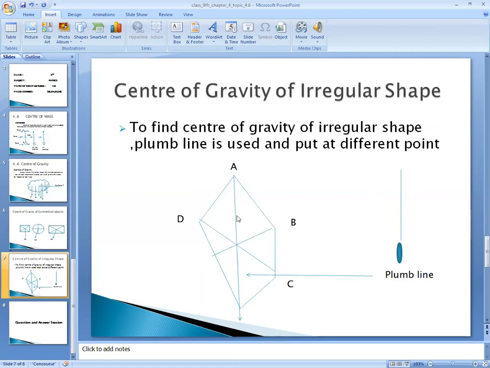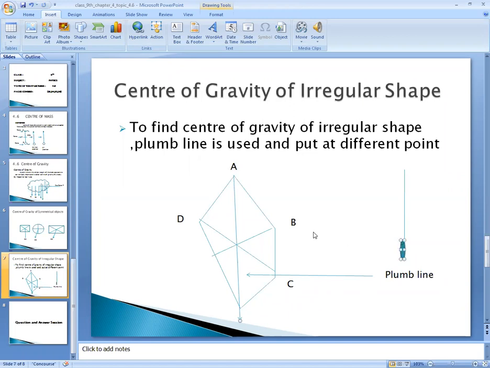It is an irregular shape. So in order to find the center of gravity of an irregular shape, we take a nail and pass it through this point. First of all, we pass the nail over this point, and then we use the plumb line, which consists of a string and a small mass attached to this string.